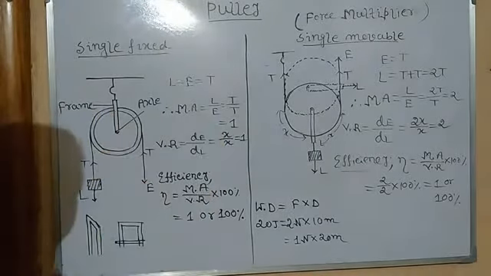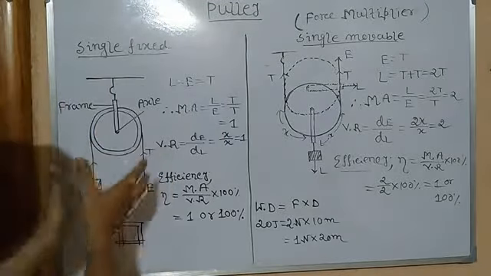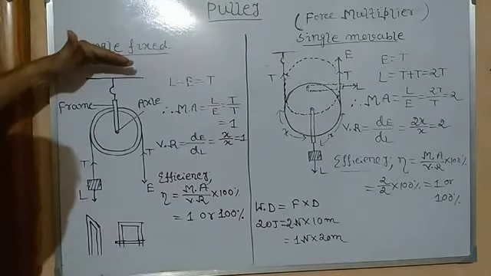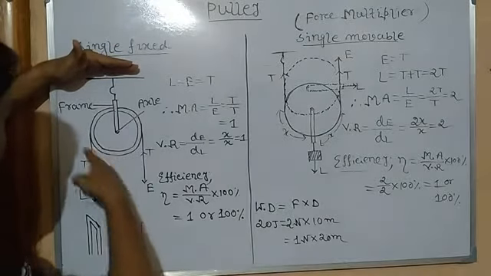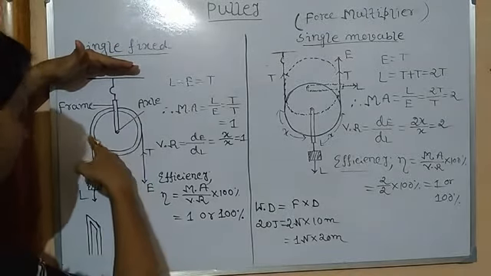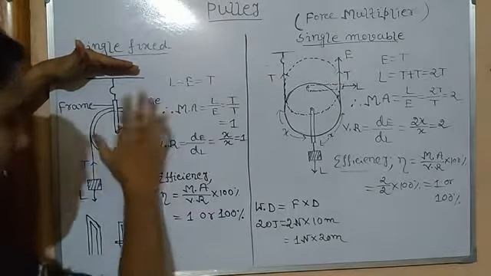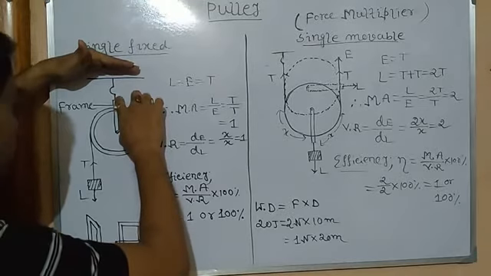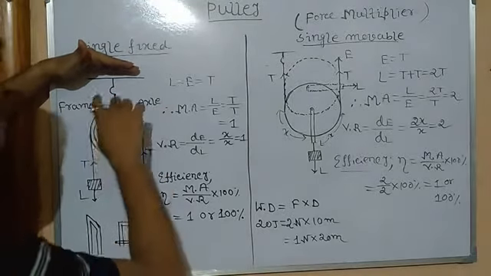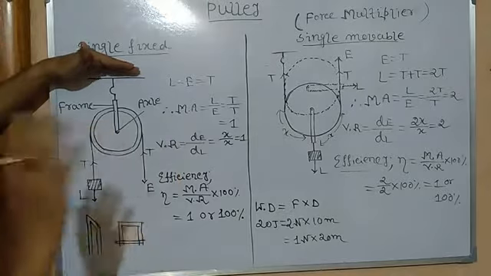Generally, it is a metallic circular disc whose one side is fixed to an upper rigid support, and this metallic circular disc is passed through a metallic rectangular frame. Most of the time it is made of iron.